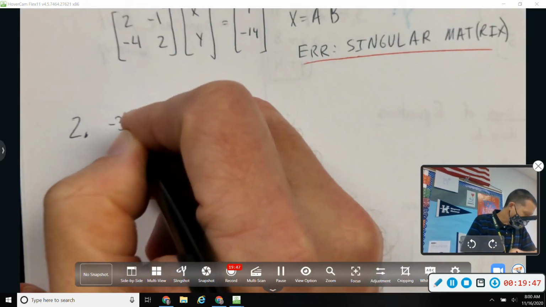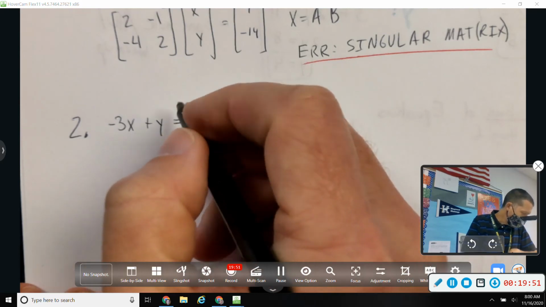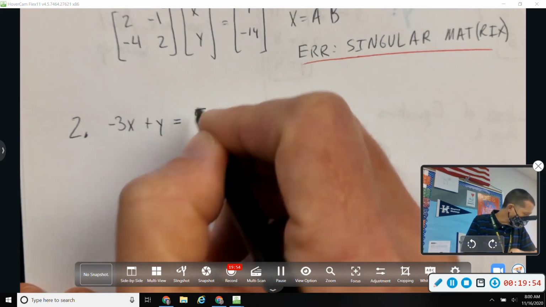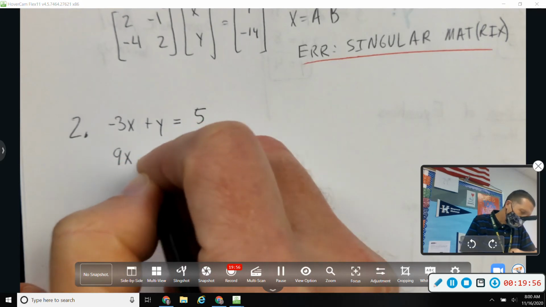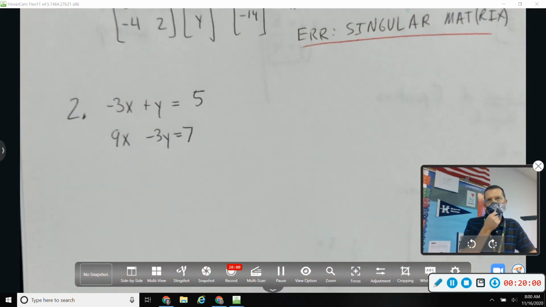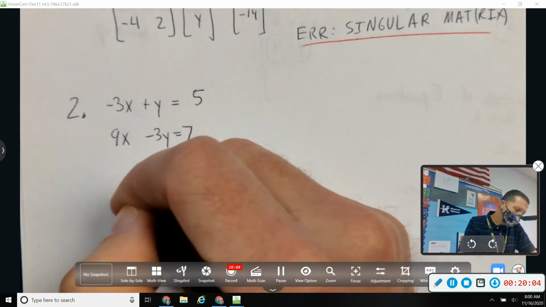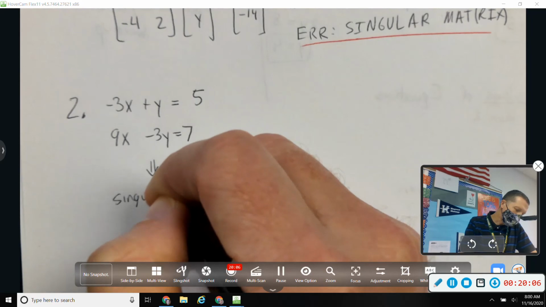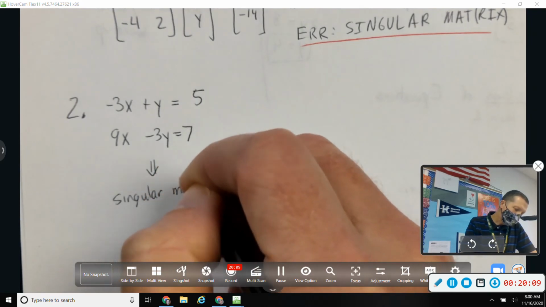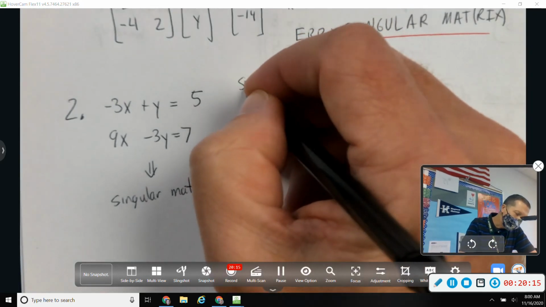So, last example, and then you can work. Negative 3x plus y equals 5. 9x minus 3y equals 7. So in the interest of time, let's say we put that into the calculator, we get the singular matrix statement, meaning something weird is going on. Let's solve them both for y again and see what we get.